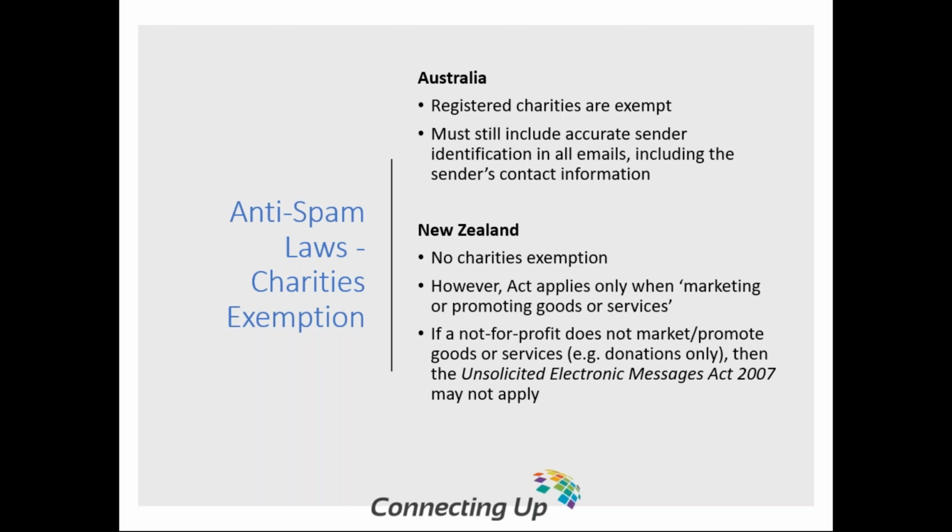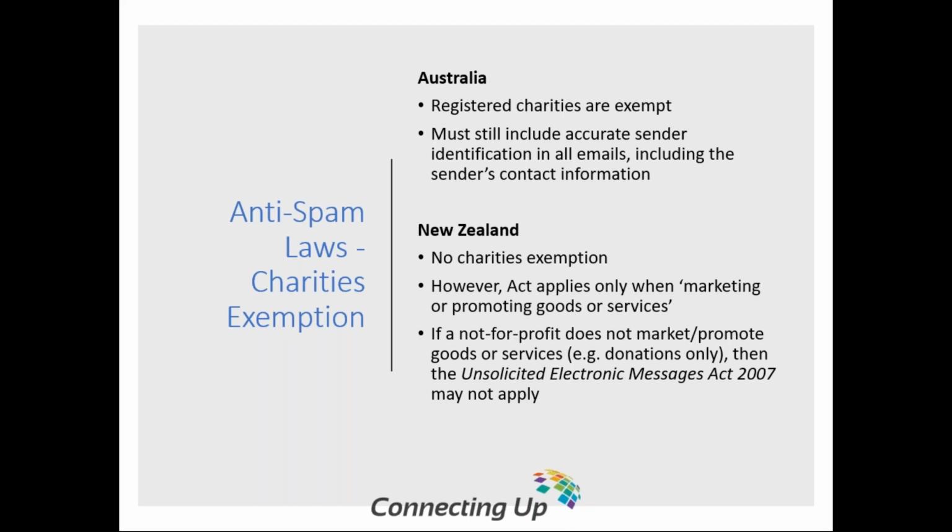In New Zealand, there is no exemption for charities. However, there is this exception for marketing or promoting goods or services. So the argument is that if you're not marketing or promoting goods or services, if you're seeking donations or seeking support for your not-for-profit organisation, then that may not be a commercial email within the context of the New Zealand anti-spam laws.